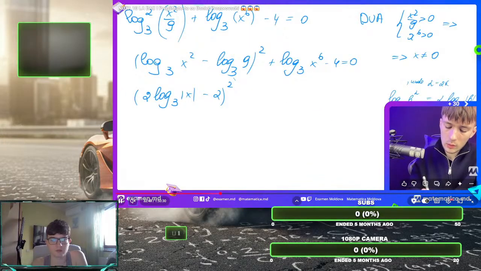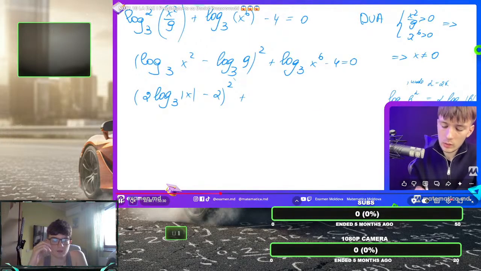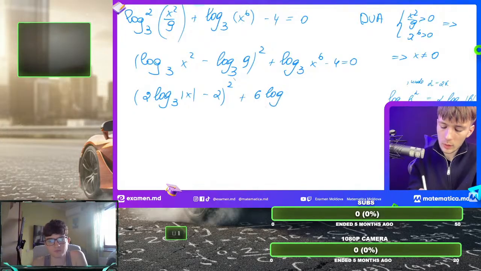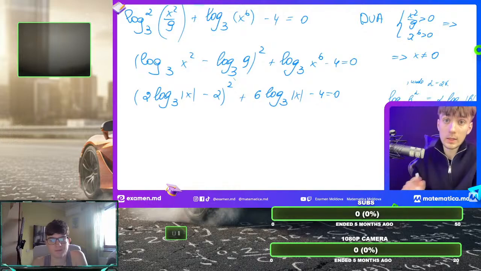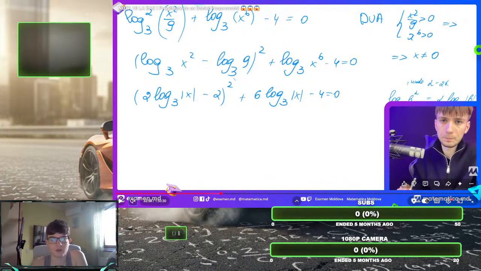Let me see. This is some geek stuff. 6 right there. X like that. So the power, you just moved up front, yeah. But actually put the modulus on the X.